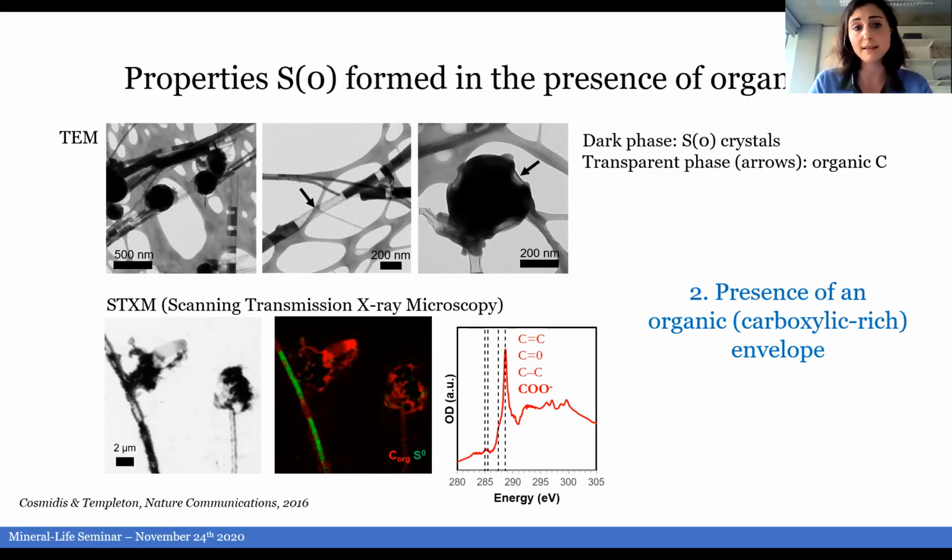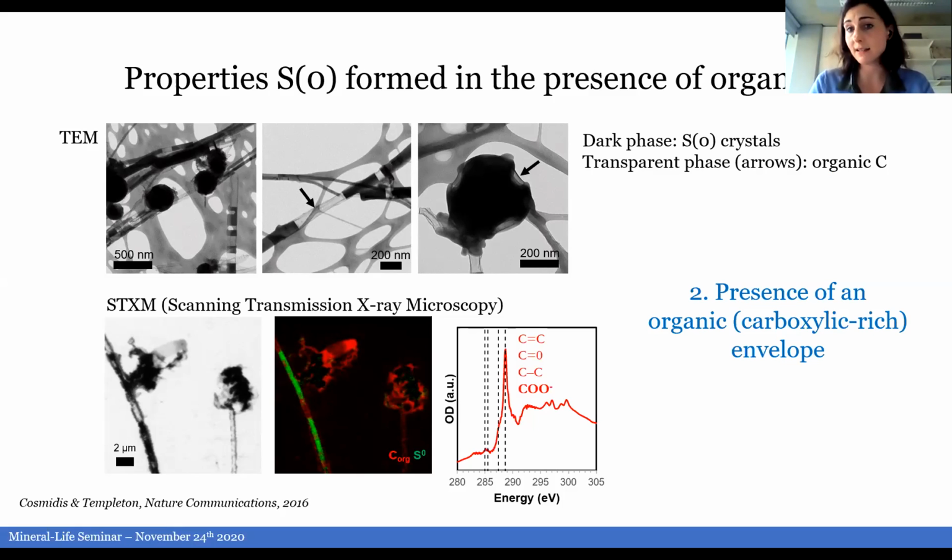And here we're looking at sulfur particles that are the dark phase on these images. And we can see that encapsulating this dark phase, this sulfur, you have a more electron transparent phase, which is shown by arrows. We can use another microscopy technique called STXM, which many of you are familiar with, to get some chemical information about this more transparent phase.